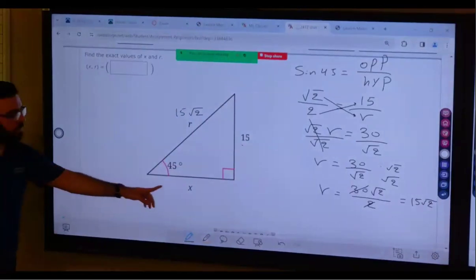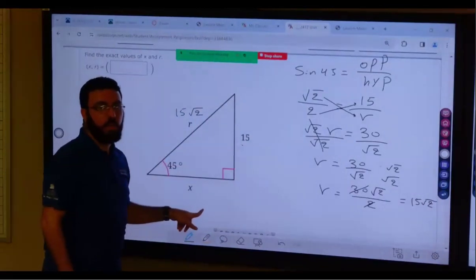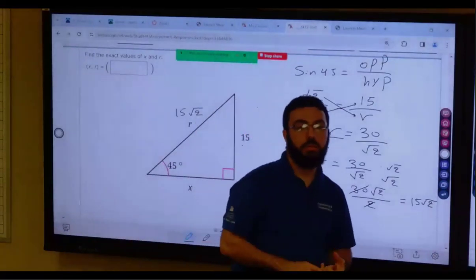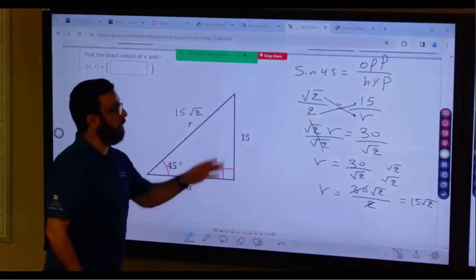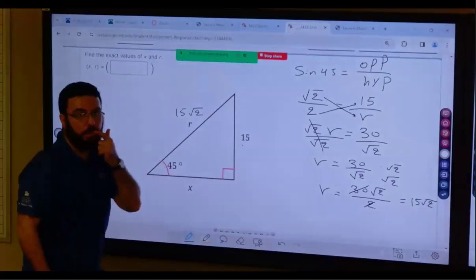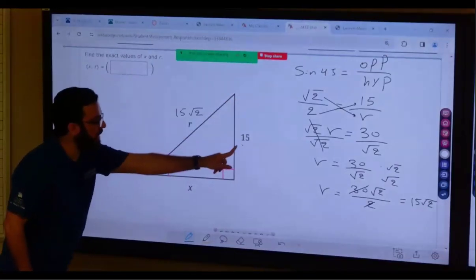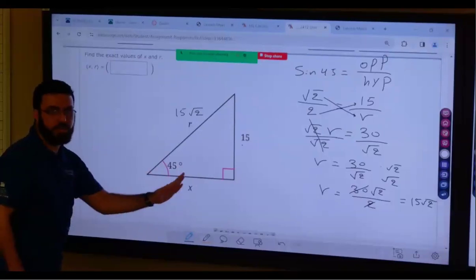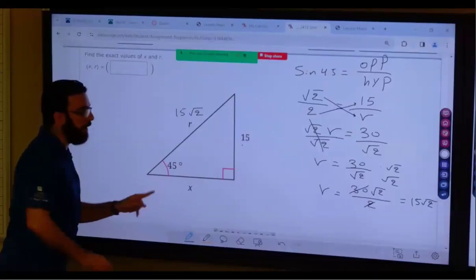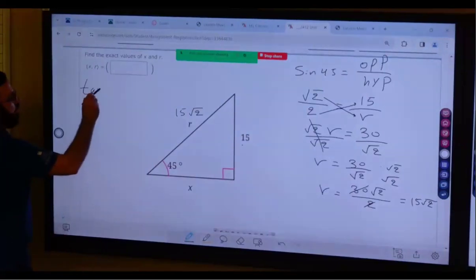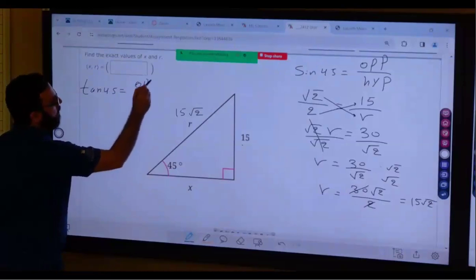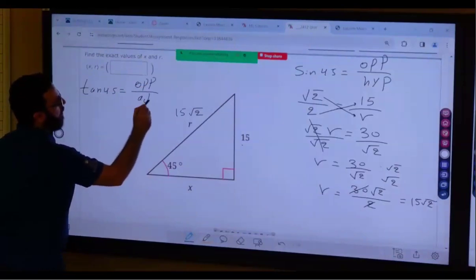What about how to find the x? You can use the Pythagorean theorem, or you can use tangent. Use the opposite, you need to find the adjacent. Tangent 45 equals what? Opposite over adjacent.